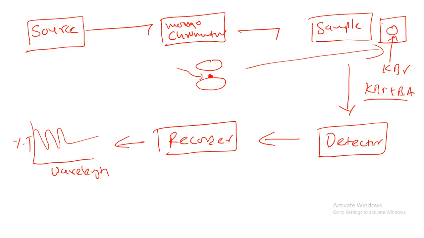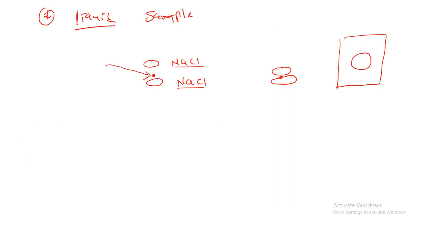So I take 2 NaCl pellets, and between those 2 NaCl pellets I put just 1 drop of aniline. Then with this combination of 2 pellets I take the IR spectrum of aniline. This is the way we can handle a liquid sample. Suppose we have a gaseous sample, okay, this was for the liquid sample.